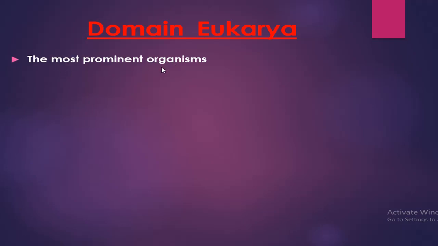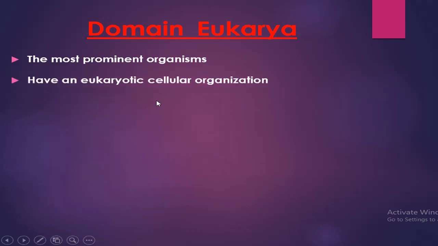Right. Then we will learn about domain Eukarya. What is the domain Eukarya? Right, the most prominent organisms. When we consider the three domains, domain Eukarya contains the most prominent organisms. Next one.